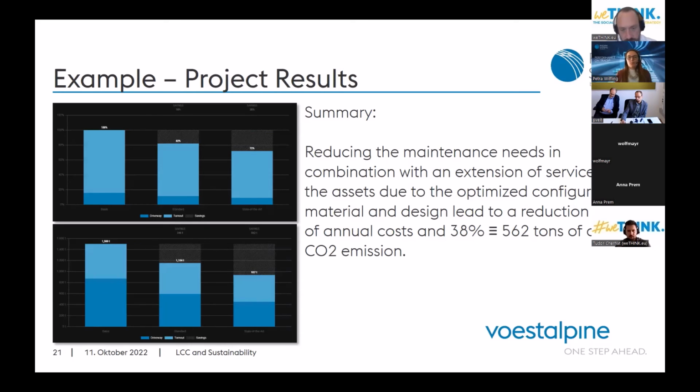So by reducing maintenance needs with an extension of service life, it is possible to reduce annual costs, for example for the whole project, by 28%, and you can save 38% of CO2 emissions only by choosing the optimized configuration of material and design, also with consideration of the boundary conditions.